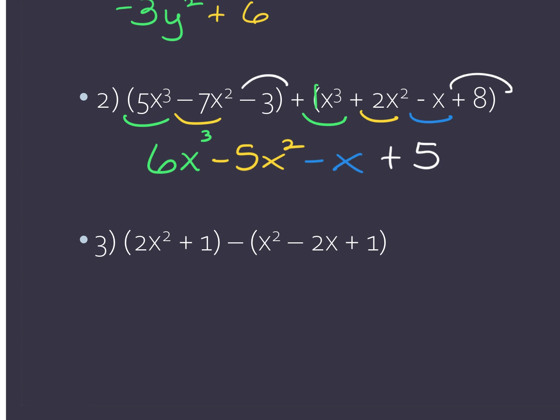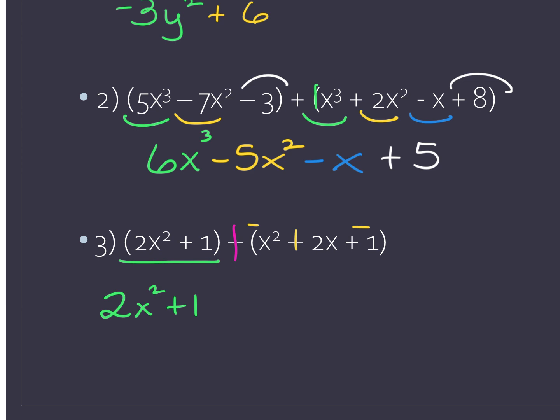I'm going to keep the first polynomial the same. So let me rewrite it. Then I'm going to change the subtraction sign that's here in the middle, and I'm going to make it addition. And then I'm going to change all of the signs in the second polynomial to opposites. So make this negative, positive, negative.